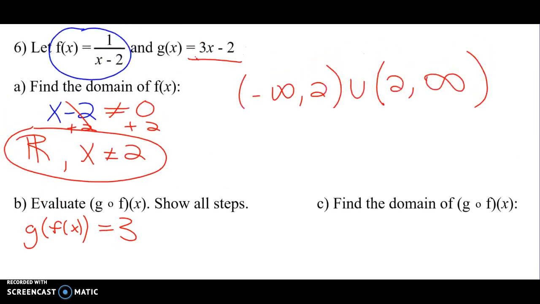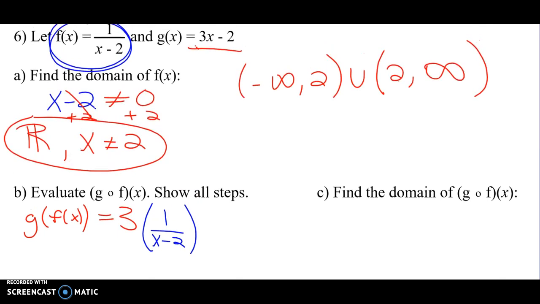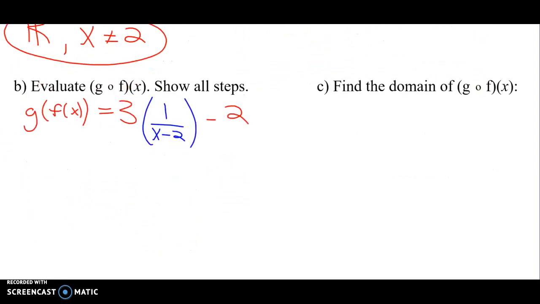But then, when I come across an x, I need to write the f of x function, which is 1 over x minus 2. And then you have to finish writing the g function, so make sure you write a minus 2 out back. So the way that we multiply fractions is straight across the numerator over straight across the denominator.